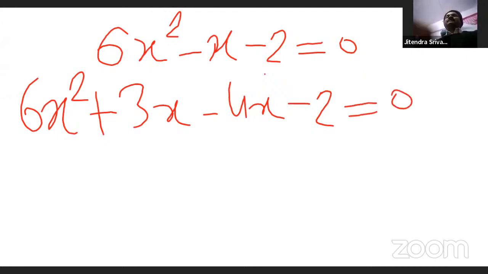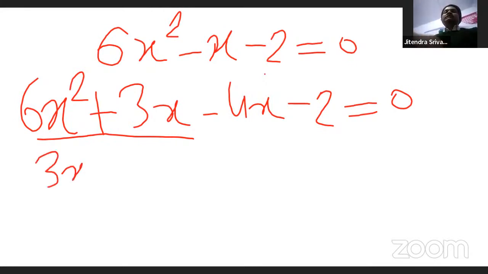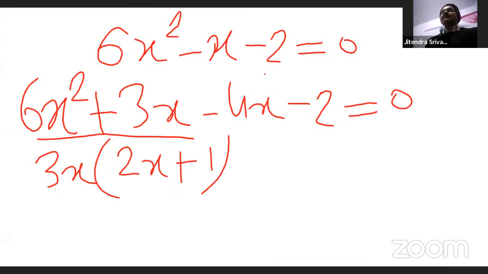Now we will take common from this. The common is 3x in both terms. 3 is common and x is also common. So 3x we will take common. So the remainder is 2x plus 1. Here also we have to take common, which will bring 2x plus 1. So we can take minus 2 as common.